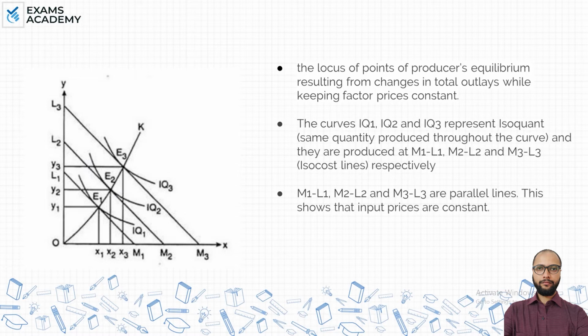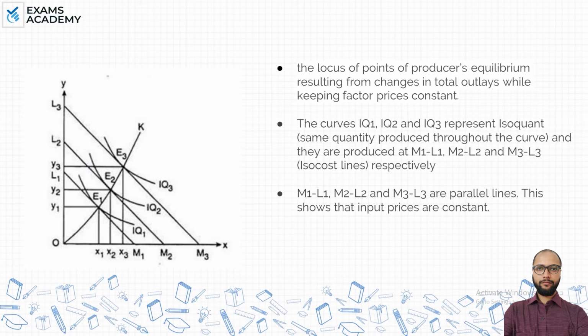Now also have a look at IQ1, IQ2 and IQ3 curves. These are isoquants. So isoquant, the word itself says same quantity throughout this curve. So IQ1 has a particular level of output, same quantity. IQ2 has some other but that constant level of output.